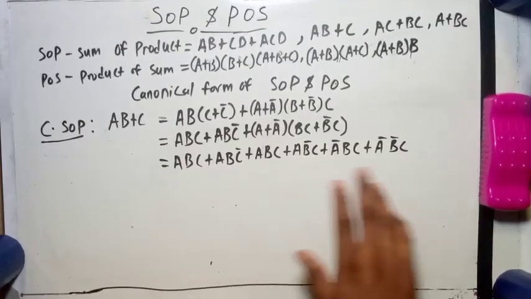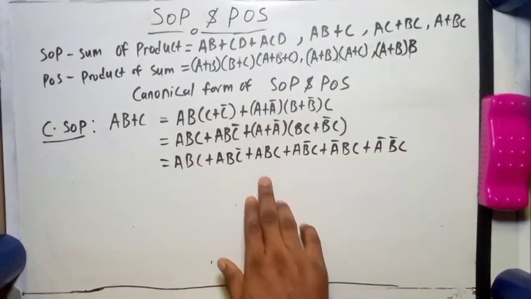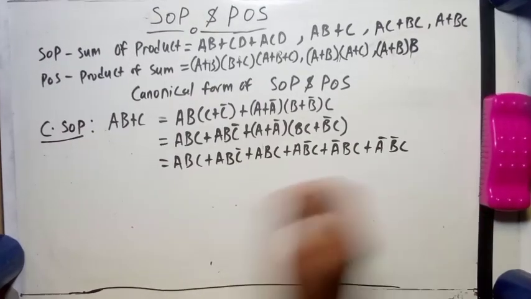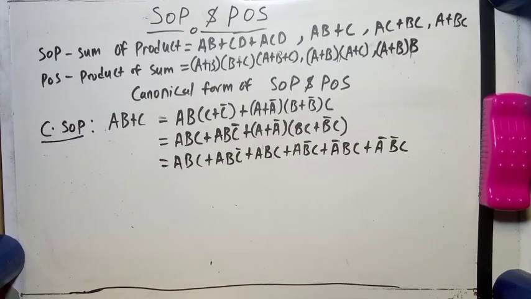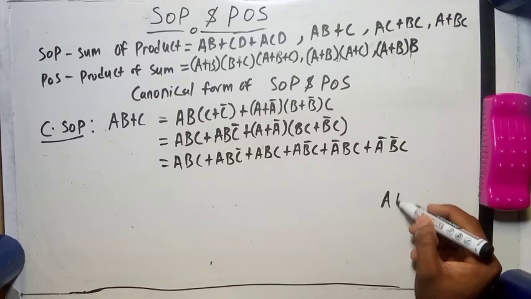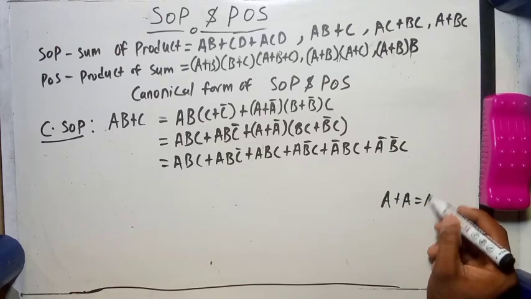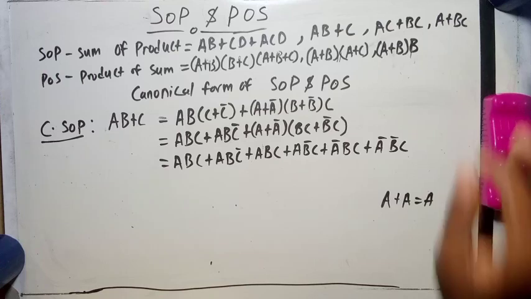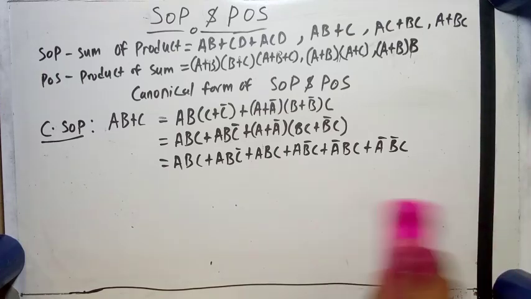Now, before you conclude, you have to first of all check if there's any like term. Because if there's a like term, we can simply just take one, because as we remember, A plus A is going to give us A. So any like term, you cancel one and you go with one.